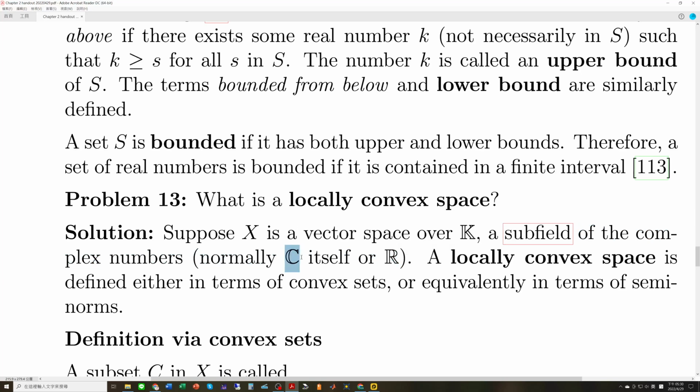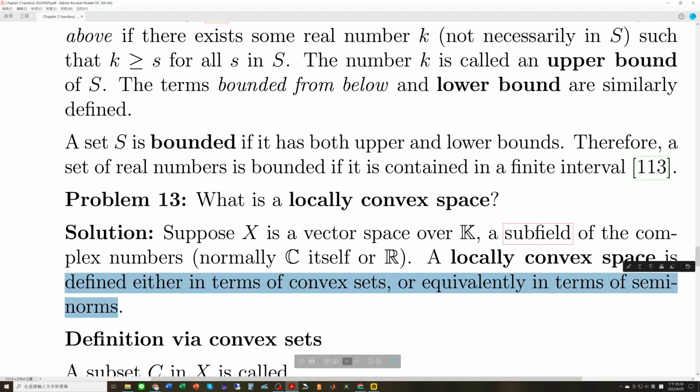C is the set which contains all complex numbers, and R is the set which contains all real numbers. A locally convex space is defined either in terms of convex sets or equivalently in terms of semi-norms.